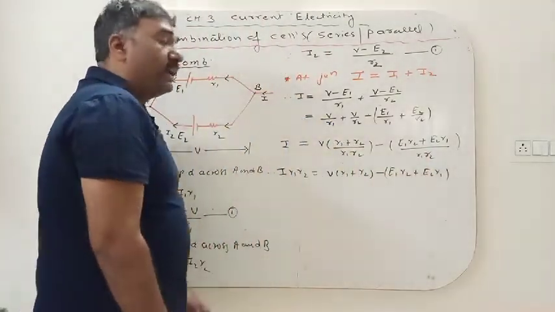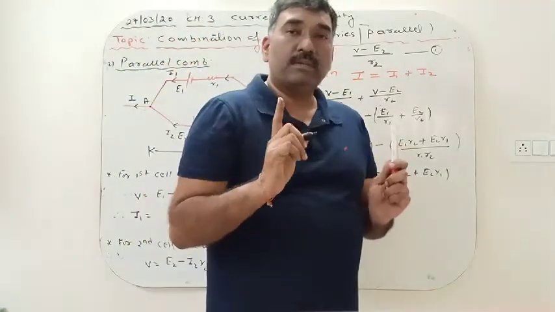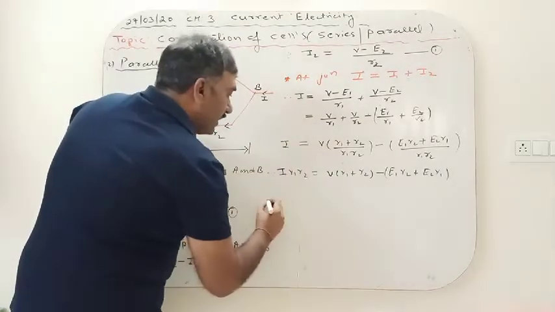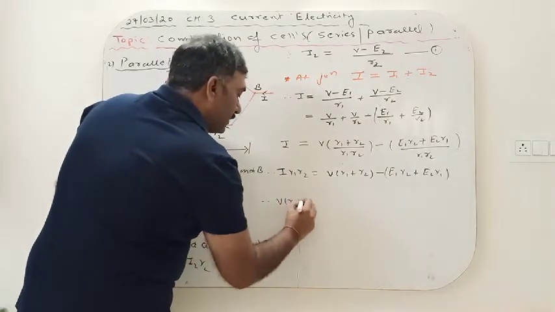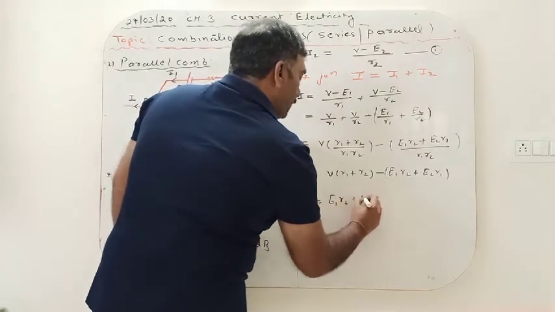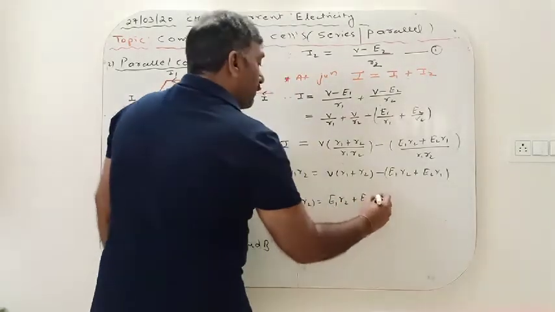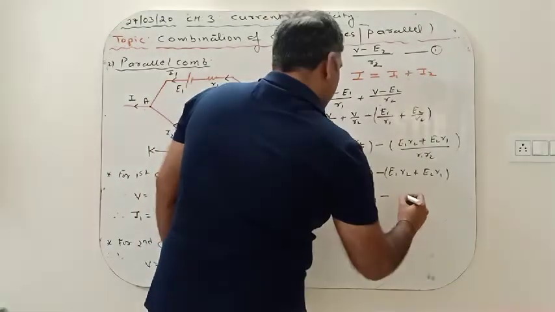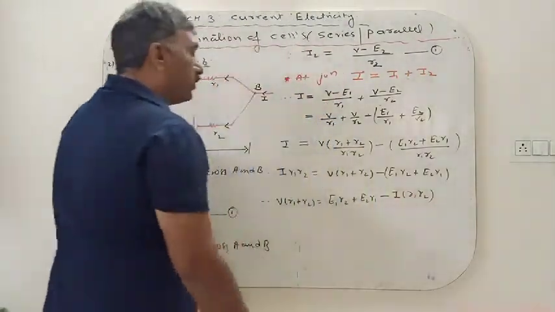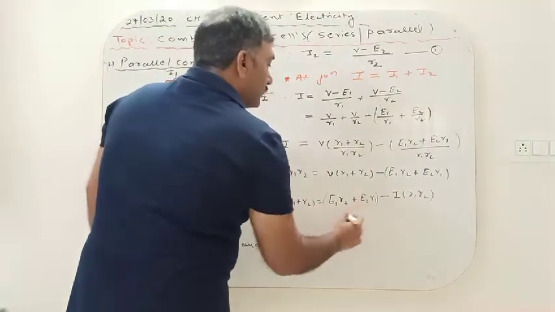So we have to arrange in terms of terminal voltage, that is in terms of V. So bring this on the left side. V (R1 plus R2) is equal to E1 R2 plus E2 R1 minus I R1 R2. Now what you have to do? Now you have to divide.